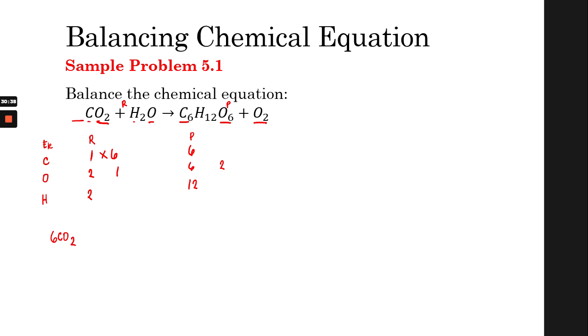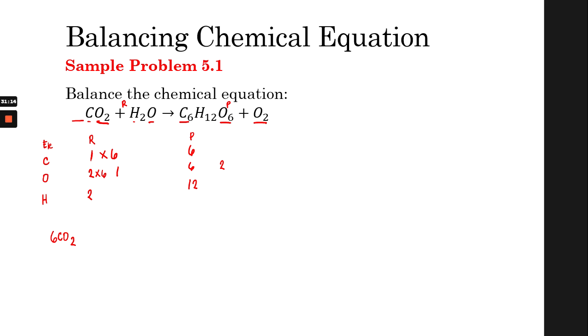So I have a total of 12 oxygens here. O2 means I have 2 oxygen multiplied by 6, so I have 12 oxygen, and then I would have 6 oxygen. So in the end, I have a total of 6 times 2, that's 12, plus 1, that's 13.